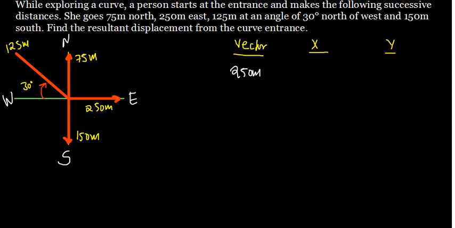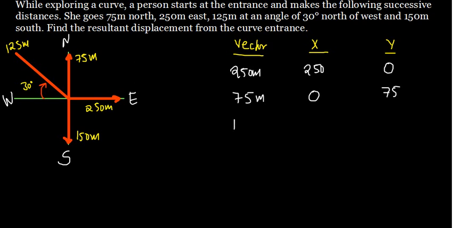So it only has an x value, and it doesn't have any y value because it's along the x-axis. And then for the 75 meters displacement, it's along the y-axis or the north. It doesn't have any x value, but the y value is 75.